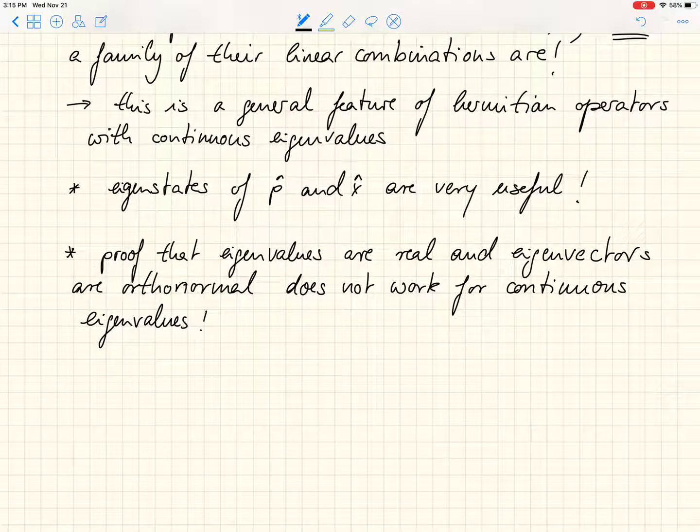In fact, a Hermitian operator with continuous eigenvalues can have eigenvalues that are not real.